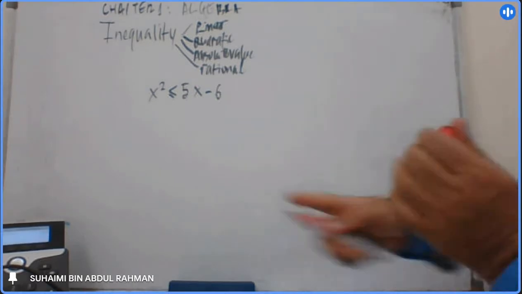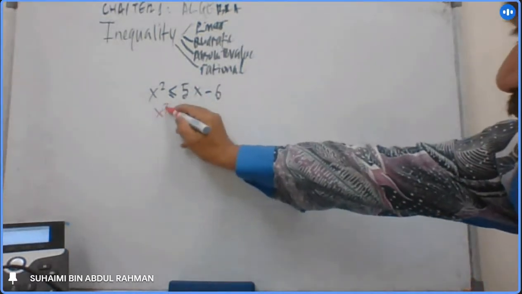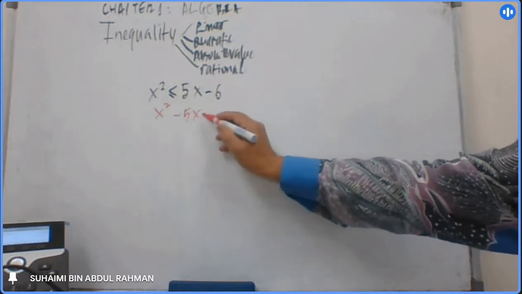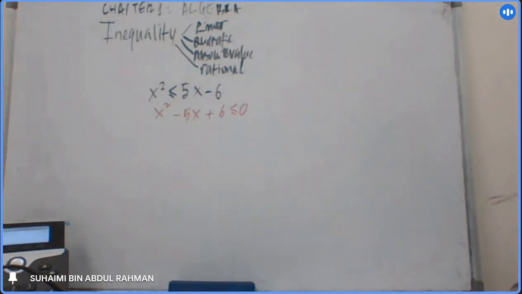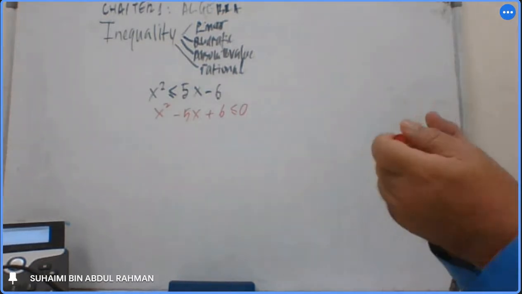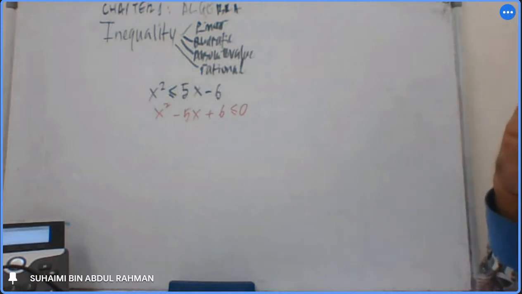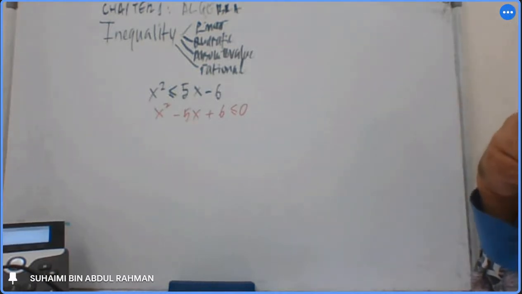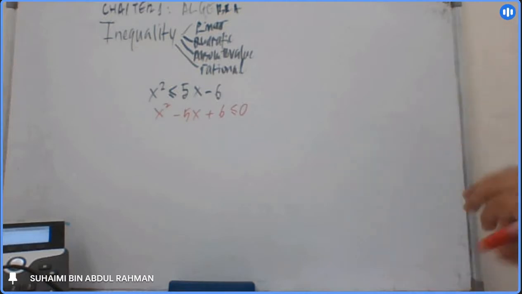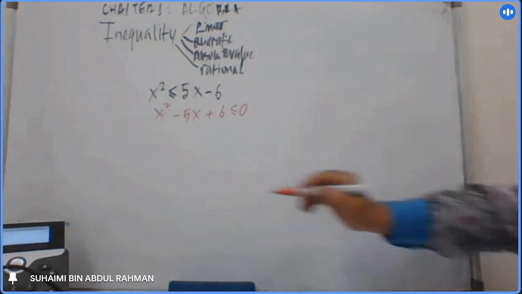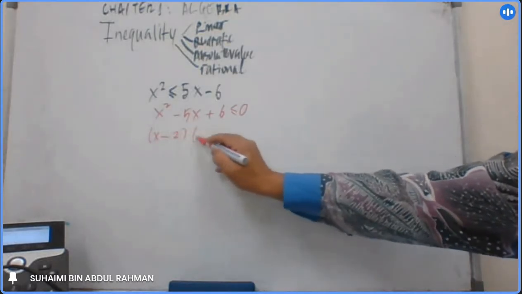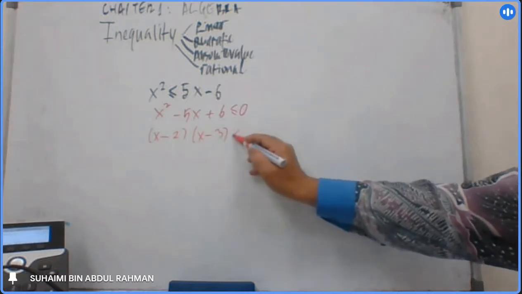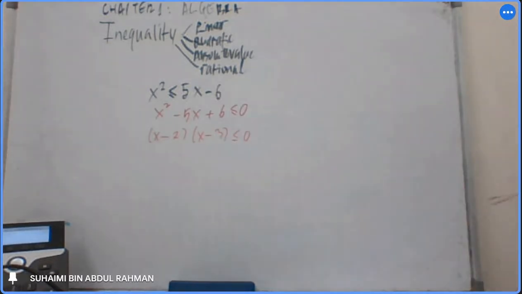Okay, so x squared minus 5x plus 6 less than or equal to 0. Now we can factorize x squared minus 5x plus 6 to be (x minus 2)(x minus 3) less than or equal to 0.